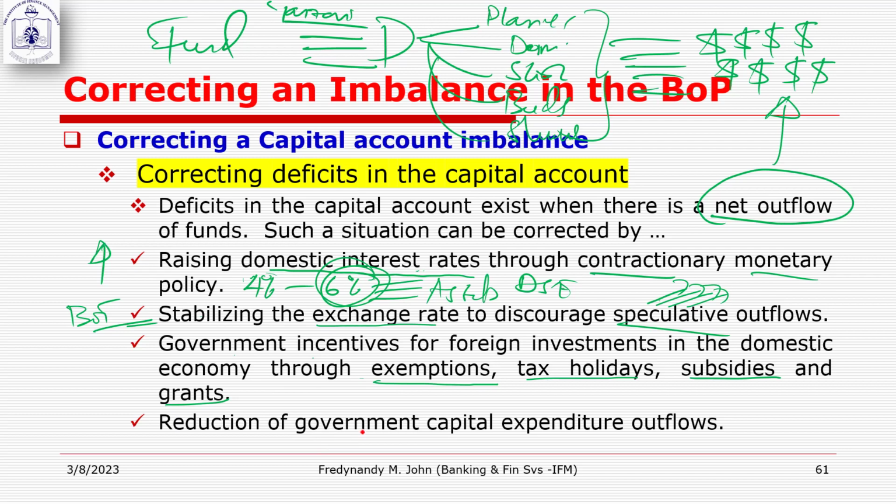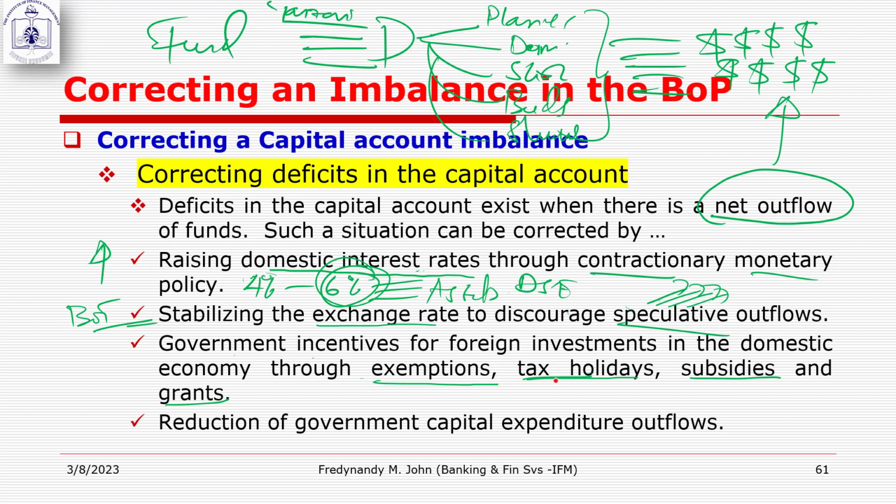So for instance, if there is some tariff at the port, okay, tariff imposed on some imported goods, the government can waive some of the tariff or some of the taxes so that the investors will be attracted to come and invest in the country.